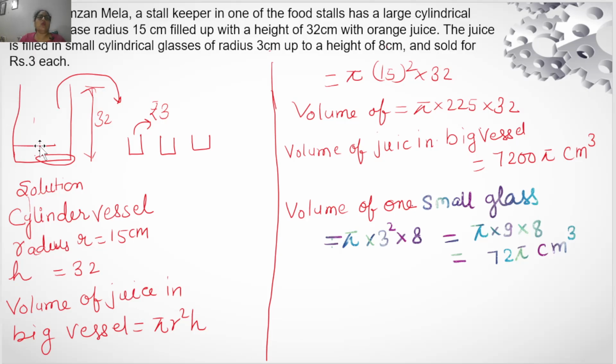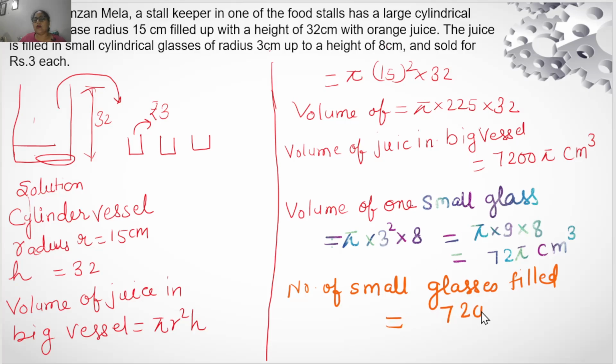Now we need to find out how many glasses can be filled. So we are going to find the number of small glasses filled: volume of big vessel upon volume of one glass.